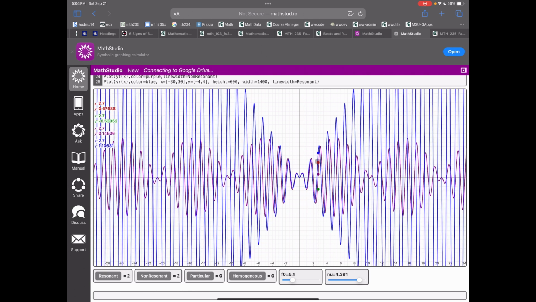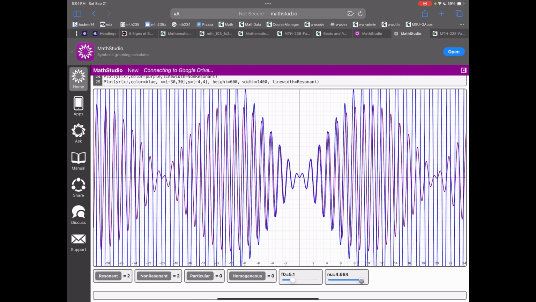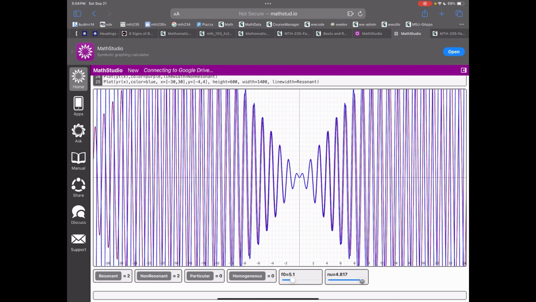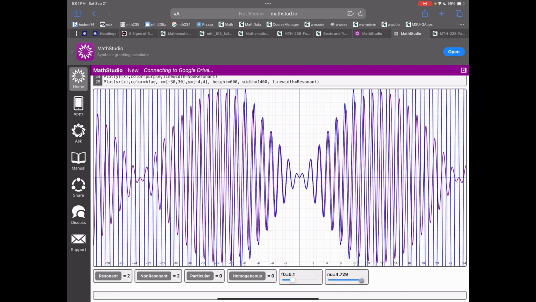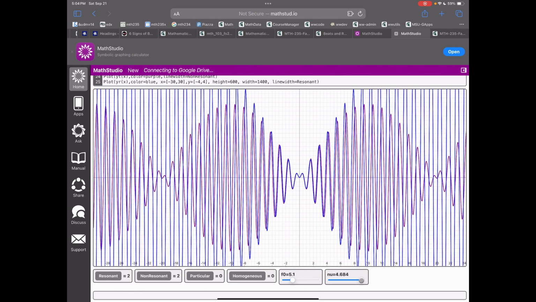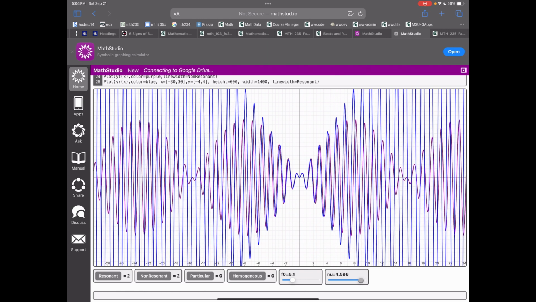This is the resonance solution for the parameters in our system. It is overlapped with the beats solution, and now if we grab the driving frequency and we start getting closer and closer to the natural frequency, we see how one solution starts matching the other.